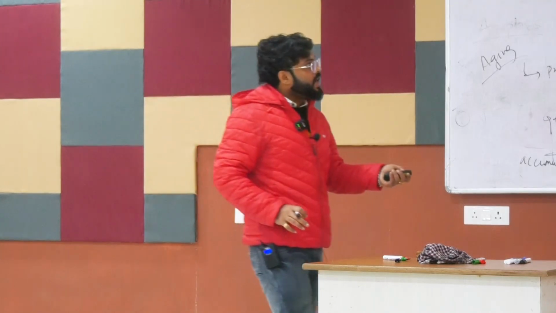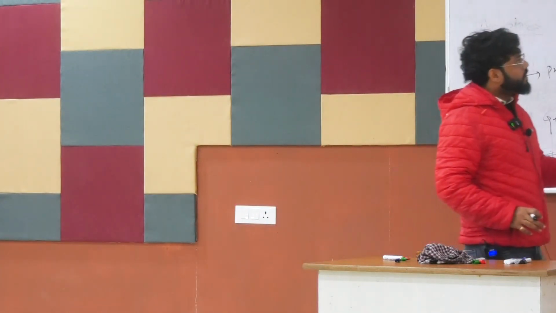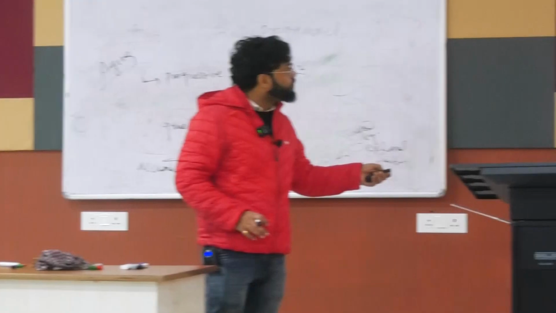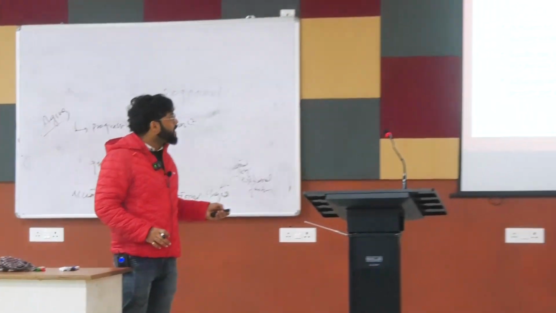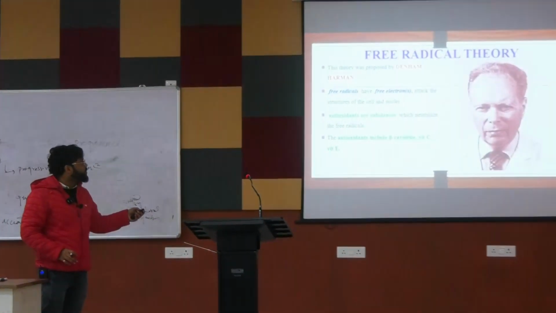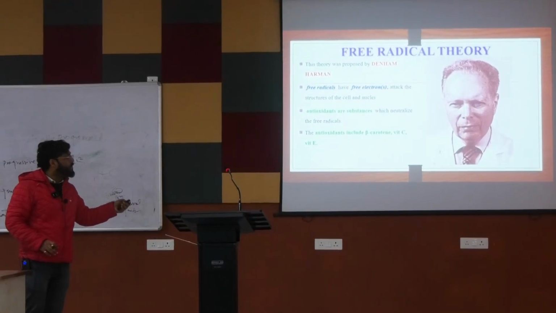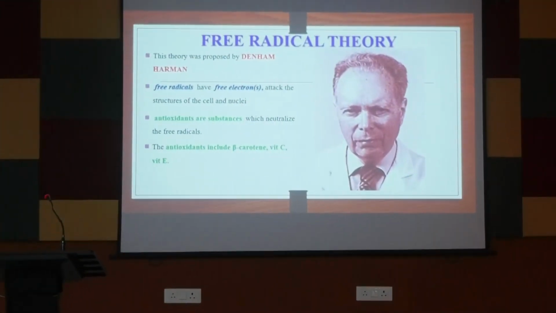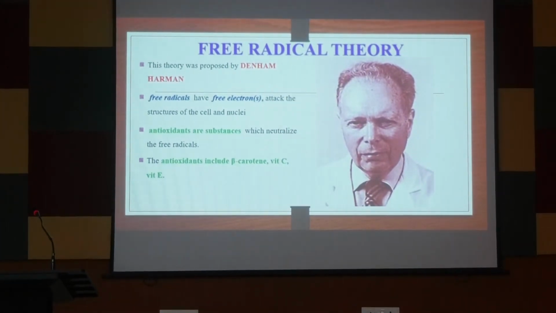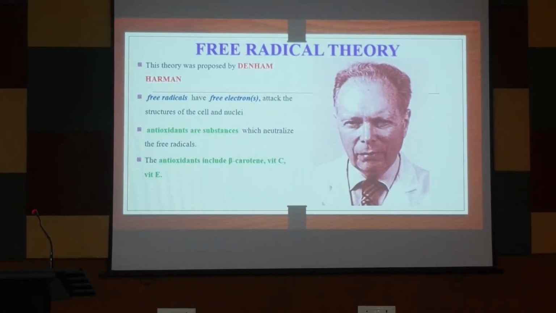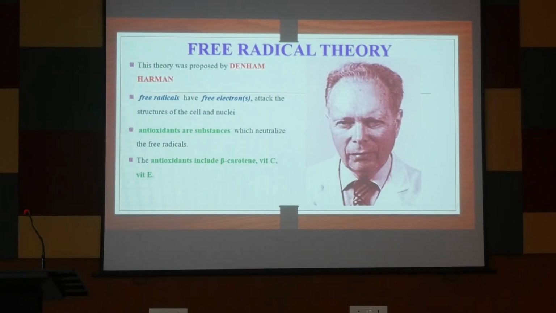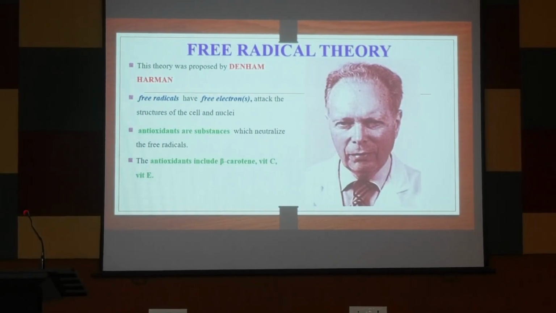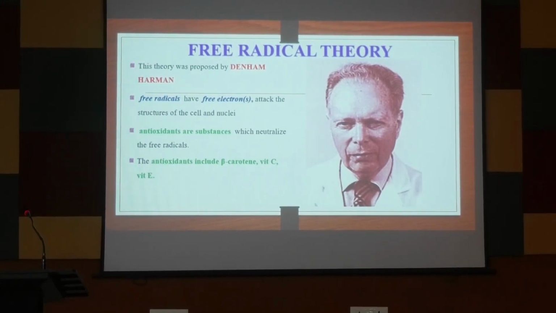Here in the middle I have given a slide. Among the theories there is one, free radical injury. This theory is proposed by Denham Harman. He is saying that free radicals and free electrons are produced during the normal respiratory cycle of mitochondria. Right?